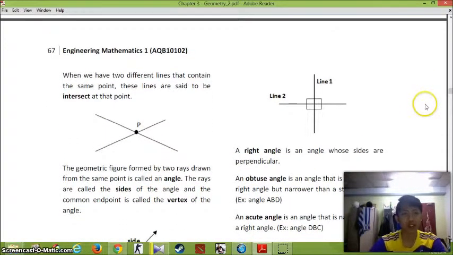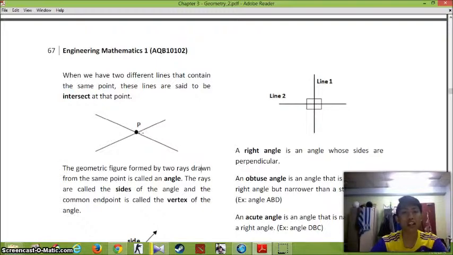In other cases, when we have two different lines that contain the same point, these lines are said to intersect at that point. We can see an example of an intersecting point here. It intersects at a point P. The geometric figure formed by two rays drawn from the same point is called an angle.